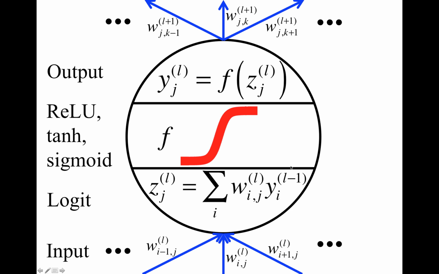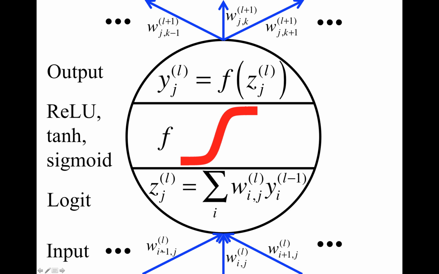Each input to this neuron from layer L minus 1 is multiplied with a weight. The value of the weight is going to depend upon the indexes of the layers the connections are connecting, and the indexes of the neurons they are connecting.